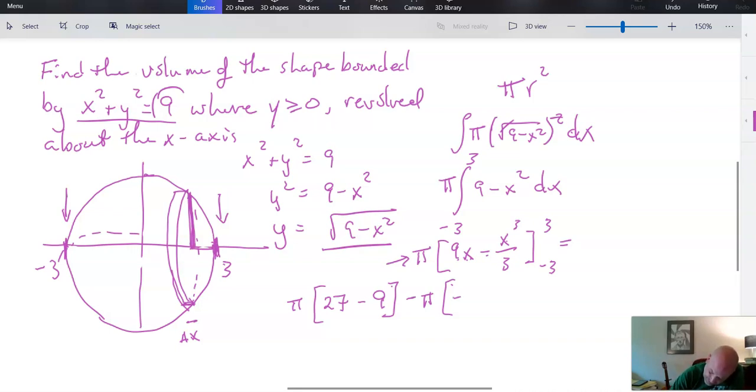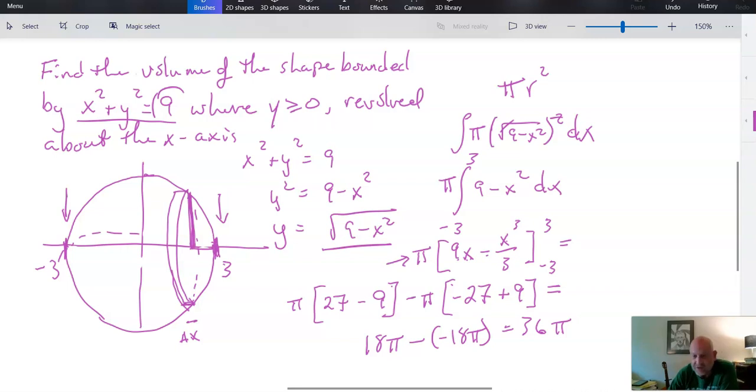So this would be negative 27, and this would be positive 9 this time. So they're opposite signs. Okay, well, 27 minus 9 is 18, and this would be negative 18, and the negative, so if we go ahead and simplify this, this is 18 pi minus negative 18 pi, which is 36 pi. So the volume of this sphere is 36 pi.